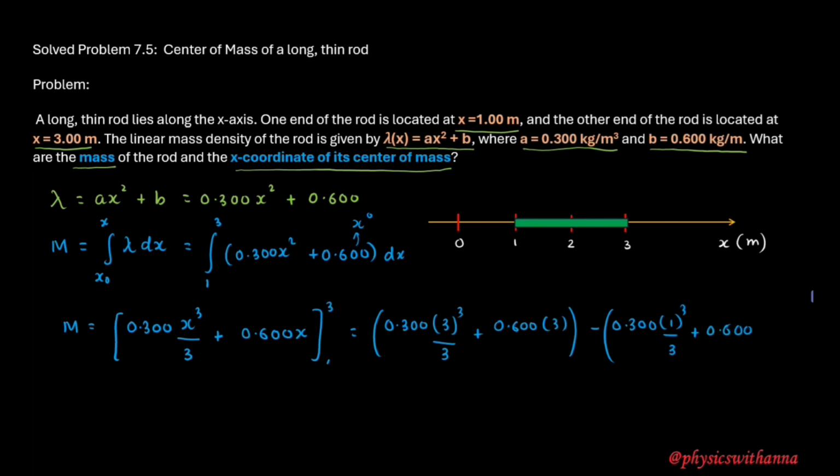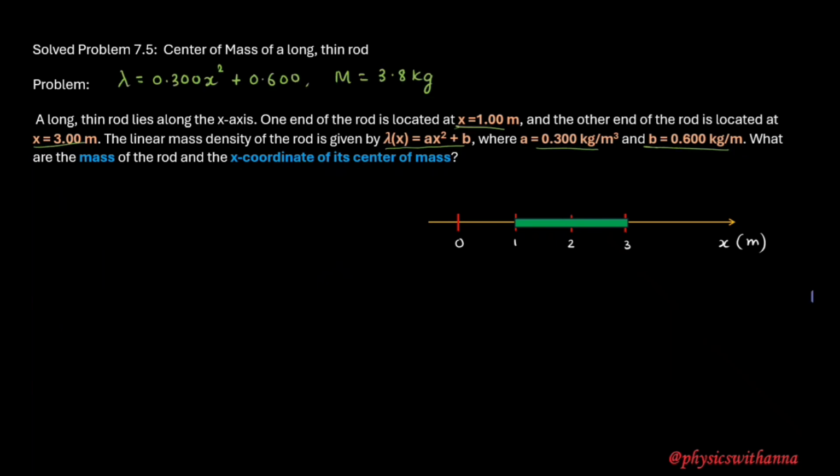When you solve this, you get the mass of the rod to be equal to 3.8 kilograms. So anytime they give you linear mass density, you can find the total mass of the object by integrating the mass density over the distance.